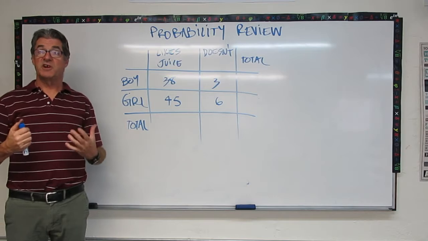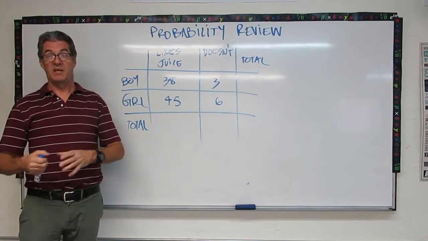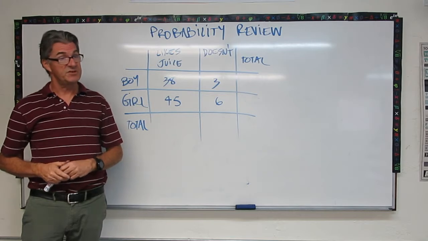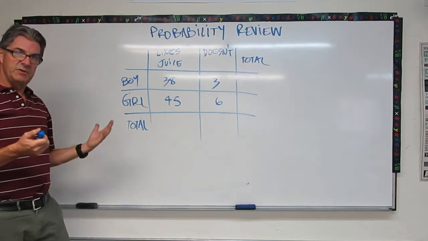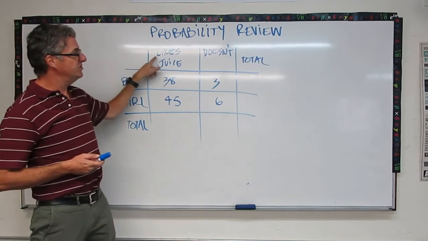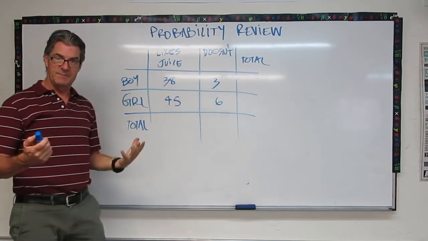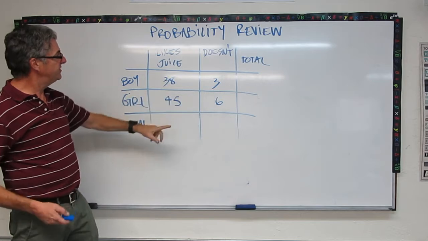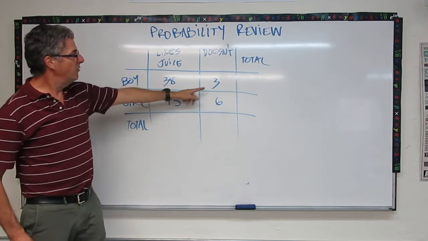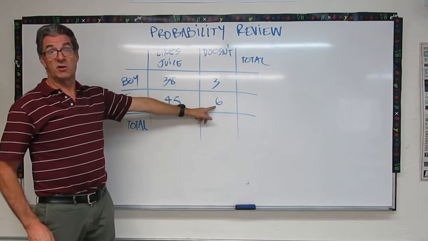Okay, we organized our data during experimental probability into tables. This is a key point for figuring out probability questions. So let's say we did a survey. We interviewed boys and girls about whether or not they like juice or whether they don't like juice. Very simple question. And here's our results. 38 boys like juice, 45 girls like juice, only 3 boys don't, 6 girls don't.